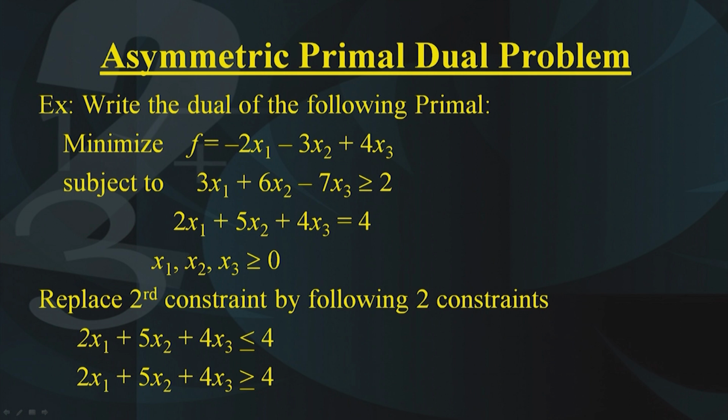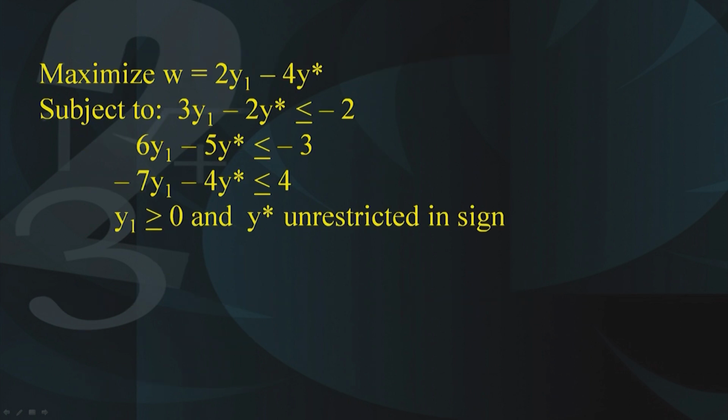Let me repeat, the equality constraint of the primal is reflected as an unrestricted variable of the dual, and that is what is happening here. If you look at the final dual that we have, y star is the dual variable which is unrestricted in sign, and this is corresponding to the equality constraint of the primal.